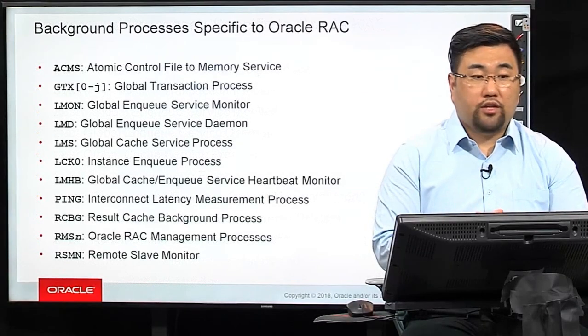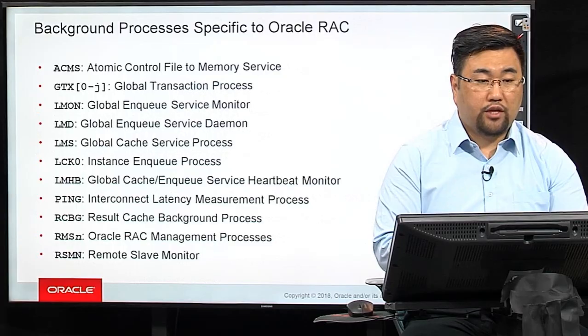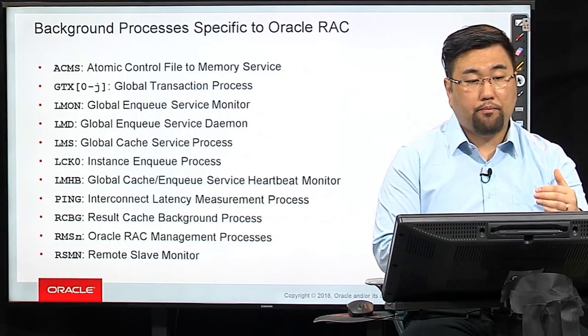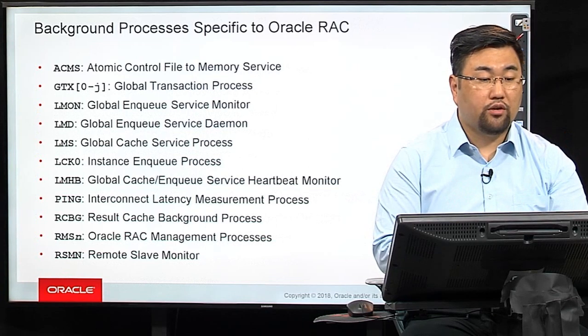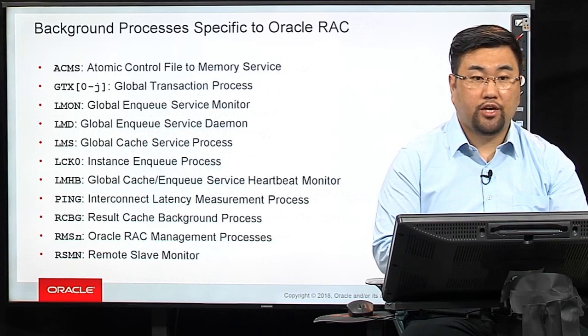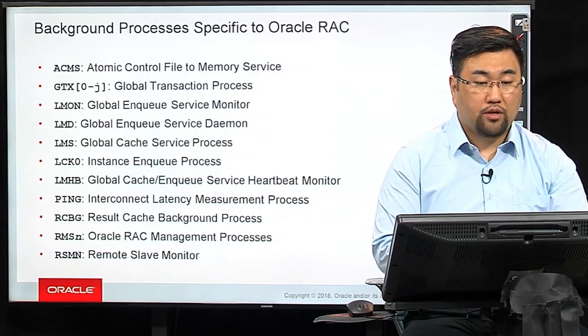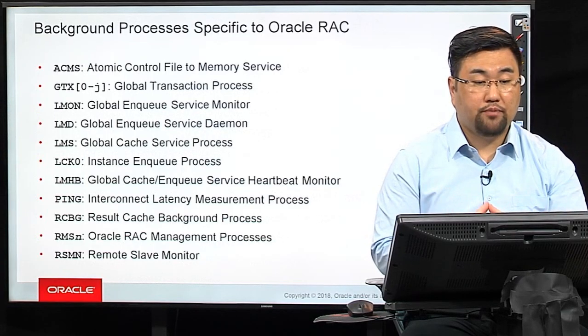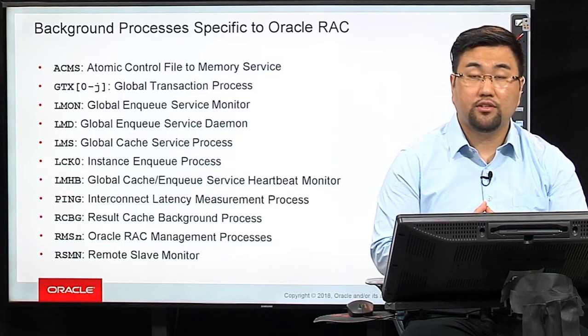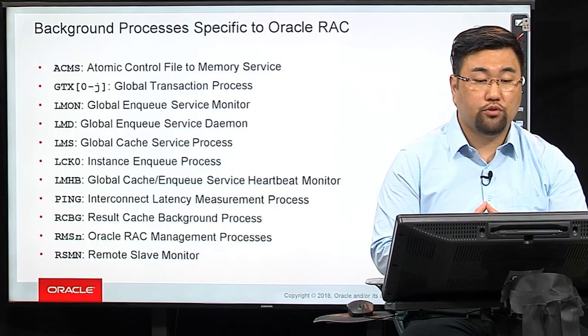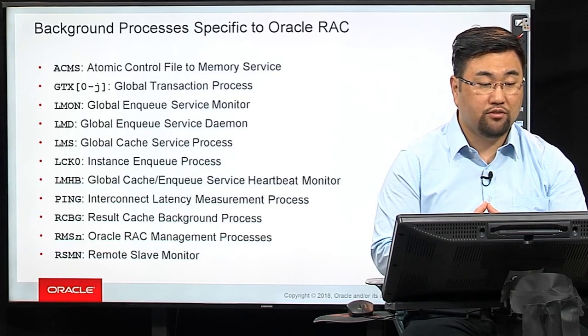And once you have created the database, then as a part of an instance, there are many other background processes that will be running. These include the ACMS, which will control the memory management globally, and also the GTX process, global transaction process, and this is to support distributed transactions.